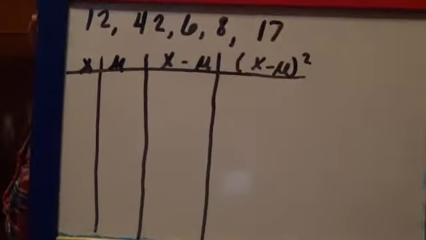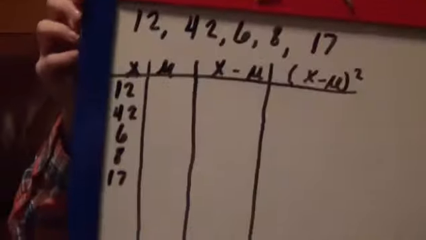And then we'll do the symbol for our average, because that's important to calculate for this type of problem. Then x minus our average, and then x minus our average, squared. So this is what our chart will look like.